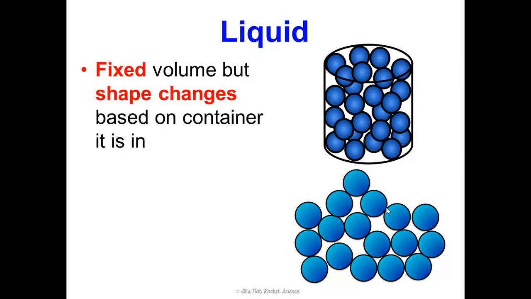So if you have a cup of water, let's say I pour 100 milliliters of water into a cup. Okay, so first of all, I put the 100 milliliters of water into a graduated cylinder. That was a fixed volume, 100 milliliters. And the shape of it was the shape of the container. 100 milliliters is like a full graduated cylinder, right?